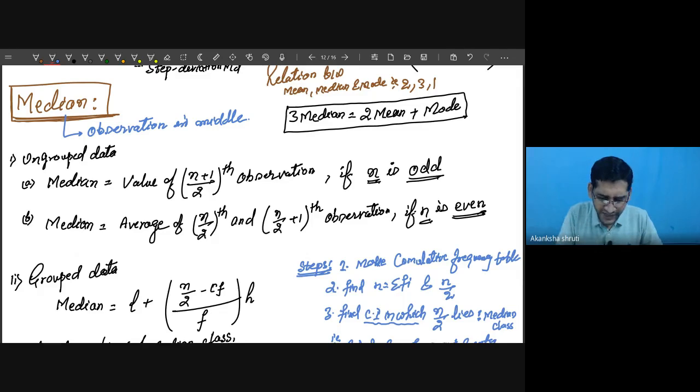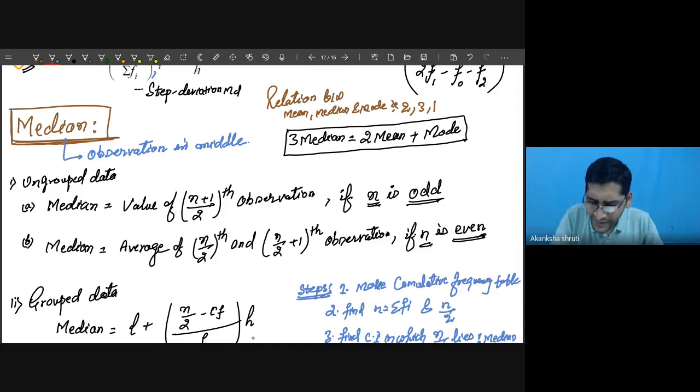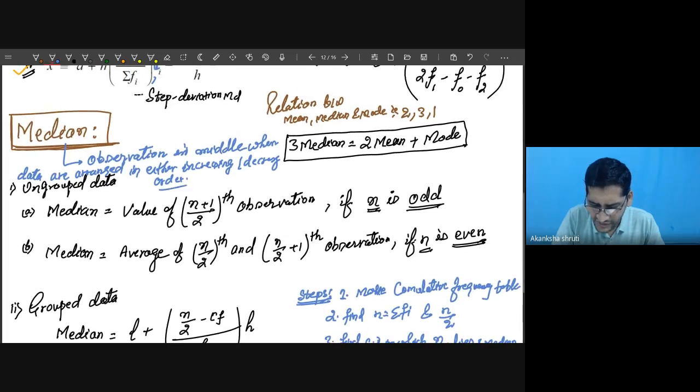So the median is nothing but the observation in the middle when data are arranged in either increasing or decreasing order. Any of the orders can be taken. From that, whatever the data in the middle, that will be called the median.